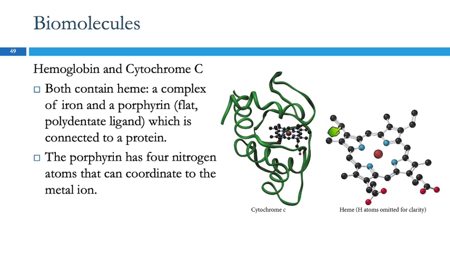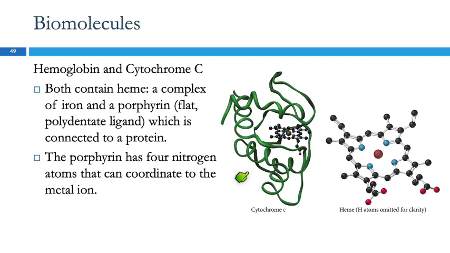Each of these black carbon atoms would need to have 4 bonds. So this one has a double bond, so then it's going to have 2 hydrogens on it. There are 4 nitrogens in here, and these nitrogens form coordinate covalent bonds. They are the ligands for the iron ion in the center. So the heme is a tetradentate ligand, right?